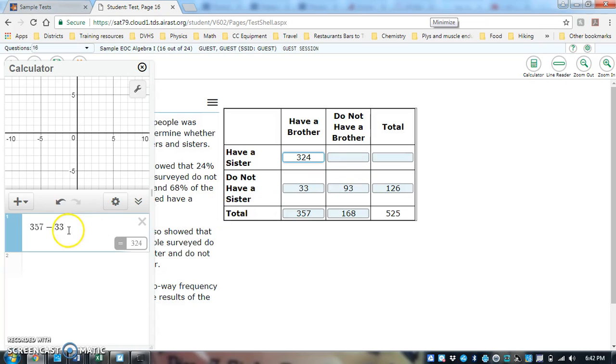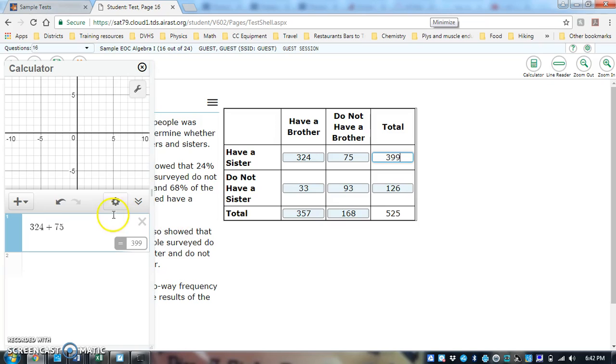I can also do the same here for having a sister but not having a brother. So 168 minus 93 gives us 75. And then I can simply sum 324 plus 75, and that's 399.